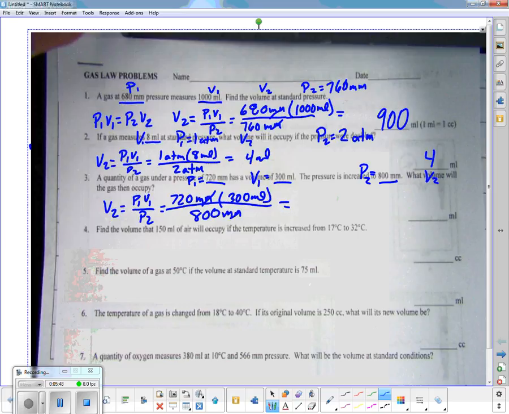How many should I report? 300, 1 significant figure, because 300 only has 1, 800 only has 1. If they had put a decimal after, then I would have 3 significant figures. I would have 2 if they put a decimal after each one.